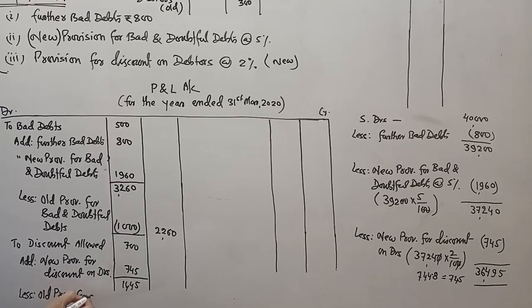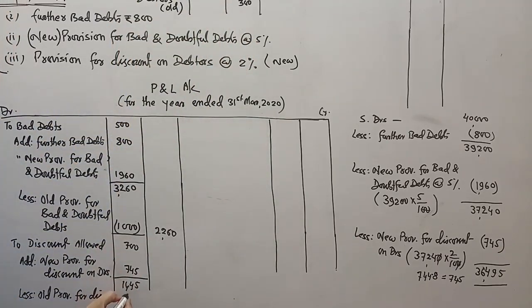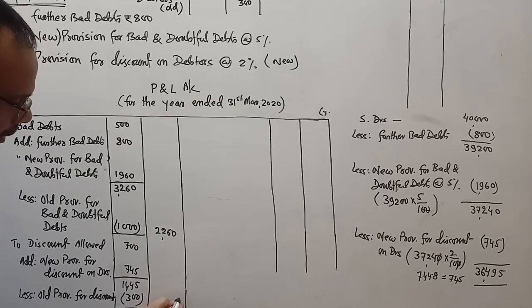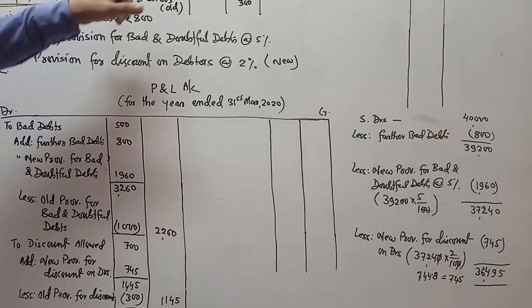How much is the old provision for discount? This is 300. We will deduct it, and the rest amount, the net amount, we will write in the outer column, 1,145.